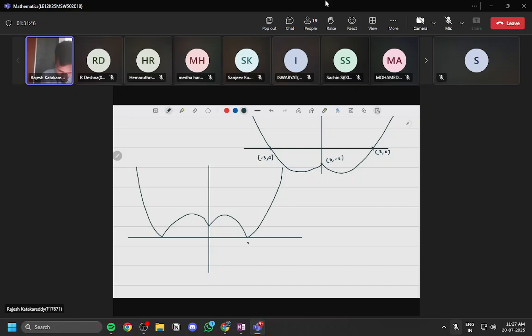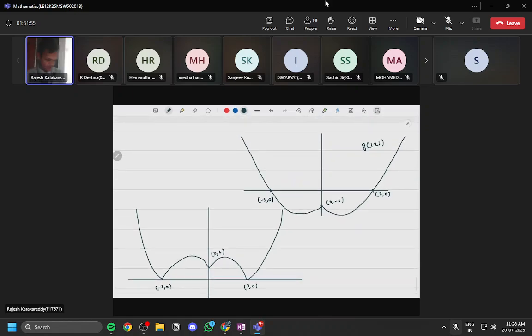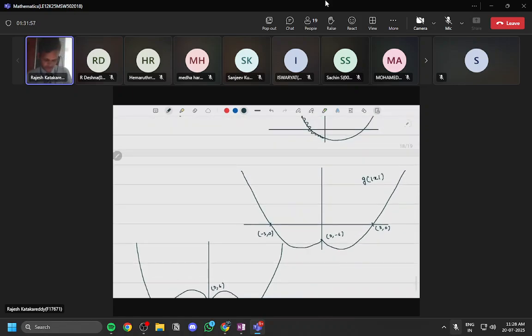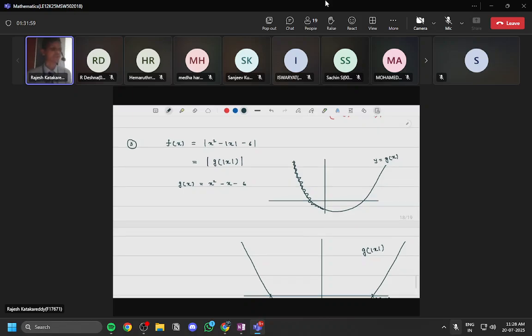So this is 3 comma 0, 0 comma 6, minus 3 comma 0. Now I can see 1, 2, 3 non-differentiable points. Do you understand this?